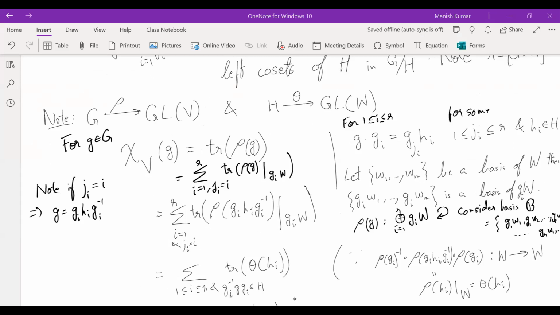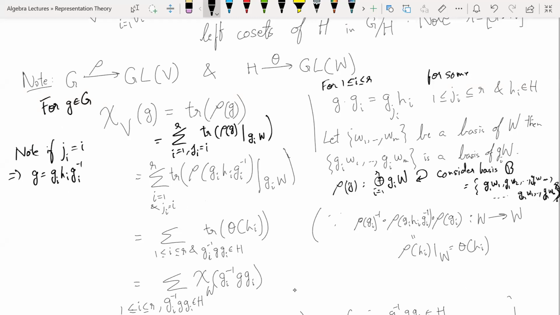So now, once you have that, this happens. Now you just look at what is rho G. So rho G is the same as G_i H_i G_i inverse. This is what we computed.